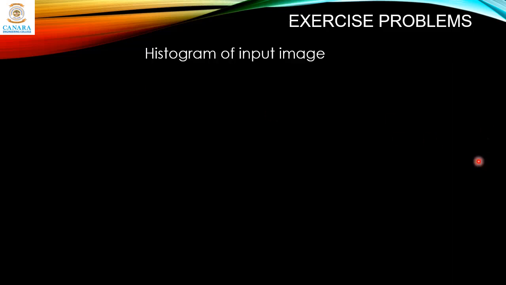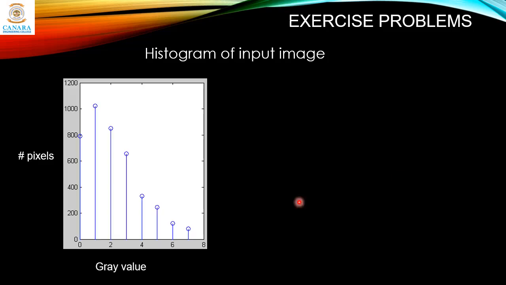This is the second step of the problem, where we are drawing the histogram of the input image. For the input image, we are just drawing the nk values for a given gray level. So 0 to 7, and on the y-axis we have the number of pixels having a particular gray level, which is nk versus k.